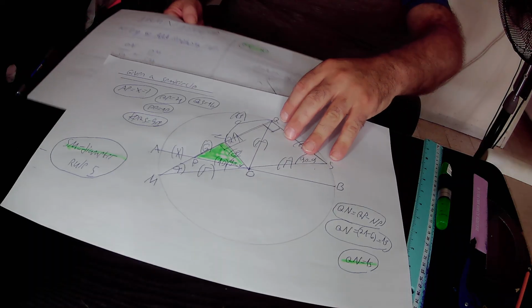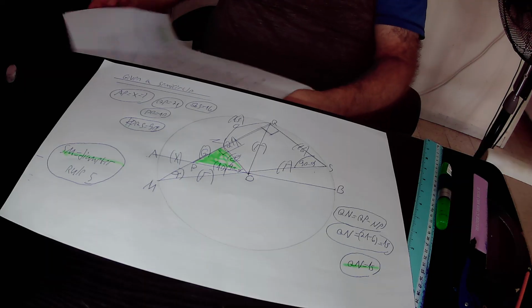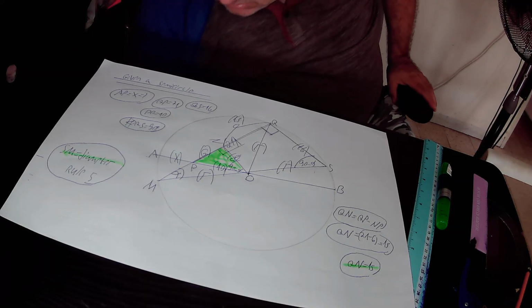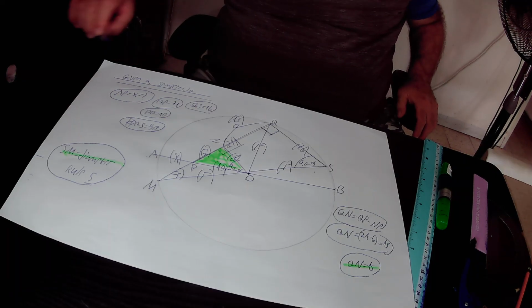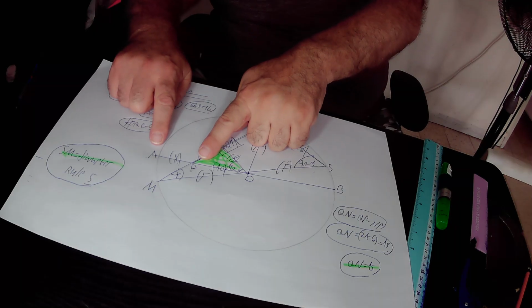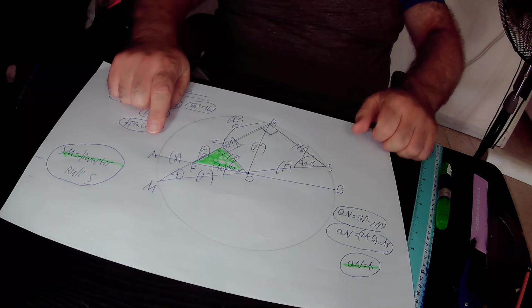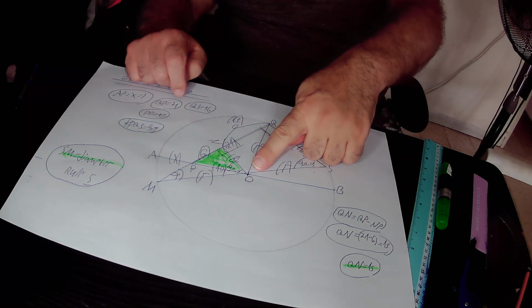In the second question, our task is to find the length of this short line segment AP that equals x. We have to find the value of x. In the drawing we have a semicircle. Point O is the center of the semicircle.